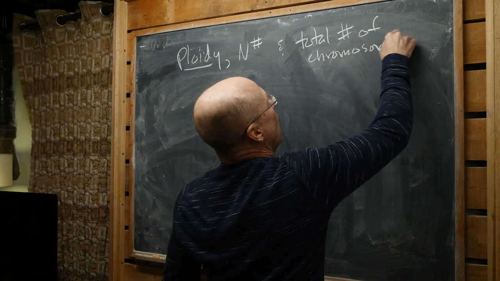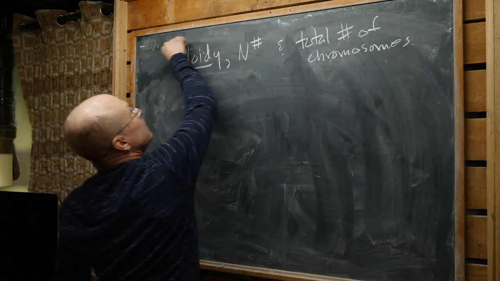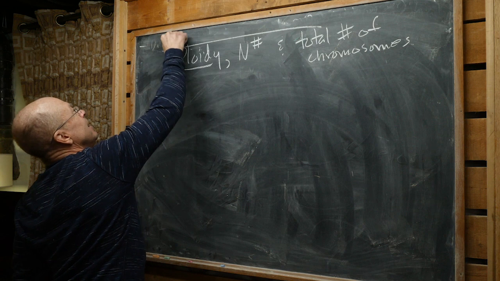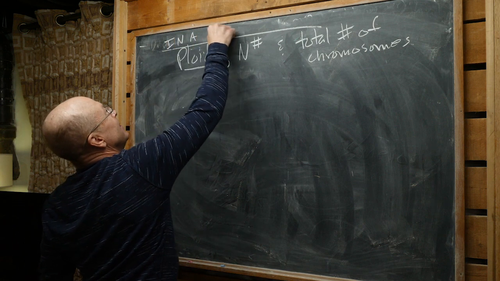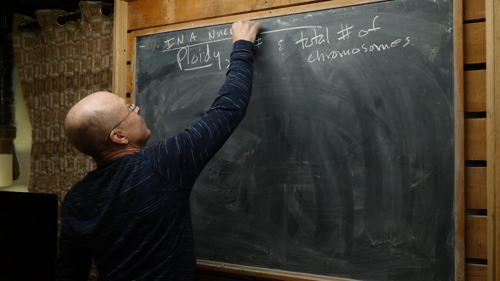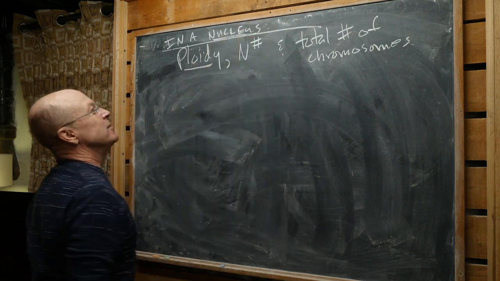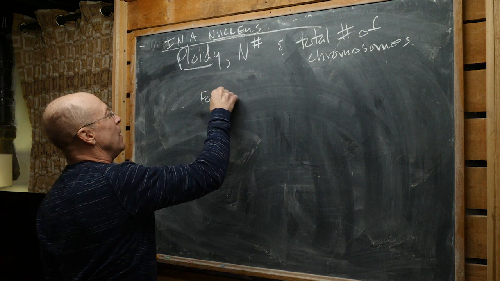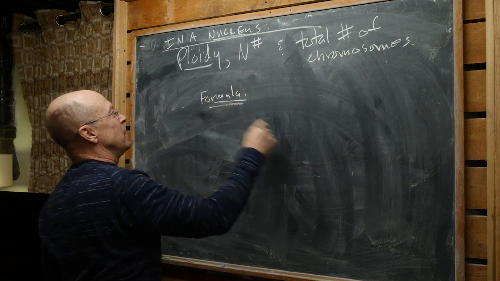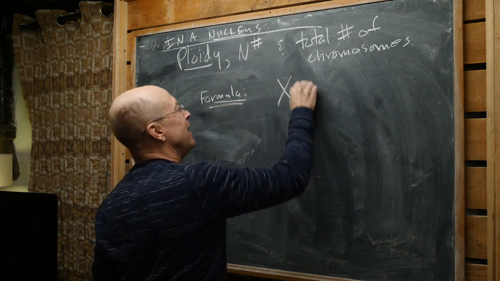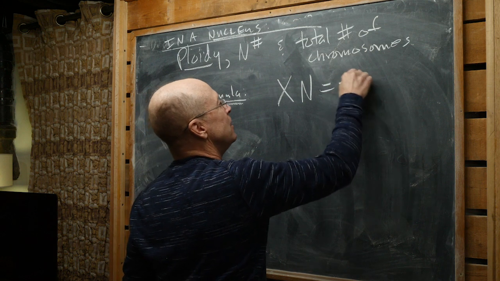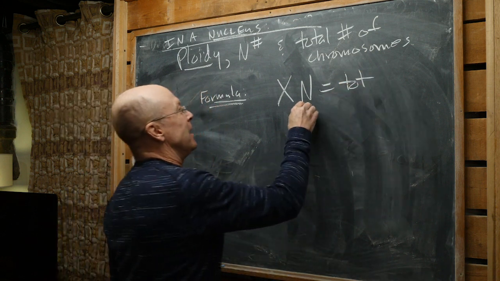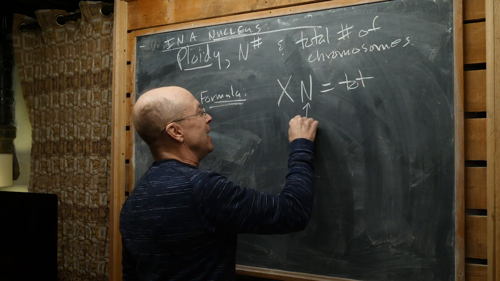And all of this that I want to talk about is in a nucleus, or for a nucleus, we describe this. So we have a formula, the beautiful formula. And this formula is xn equals total. So n is the n number.